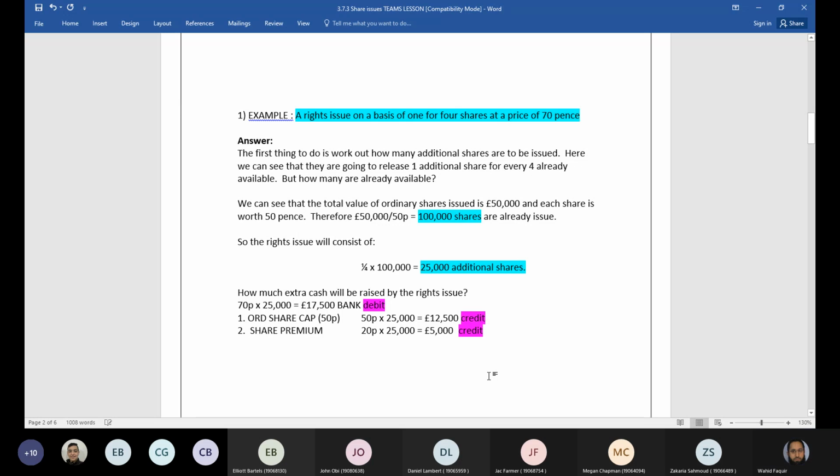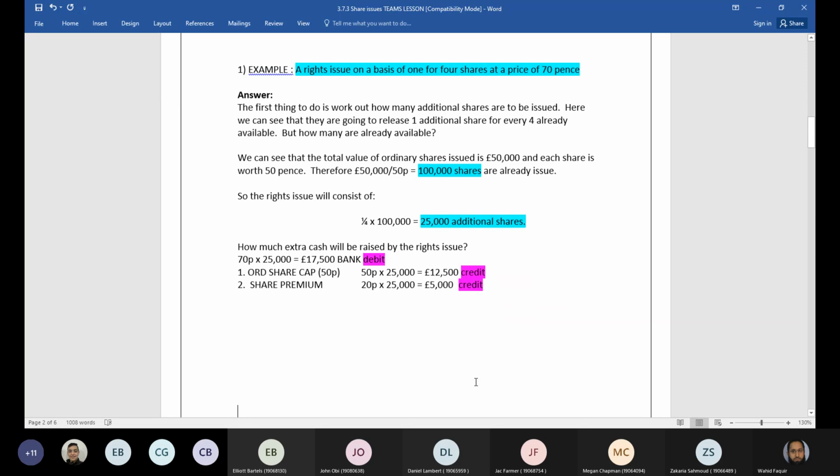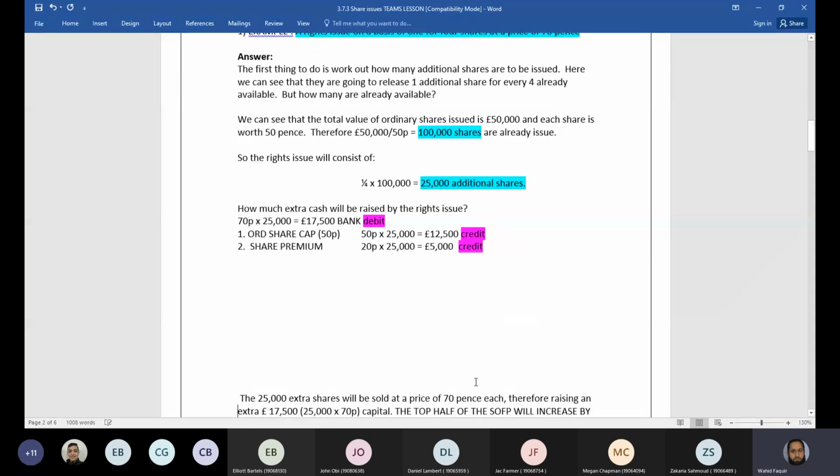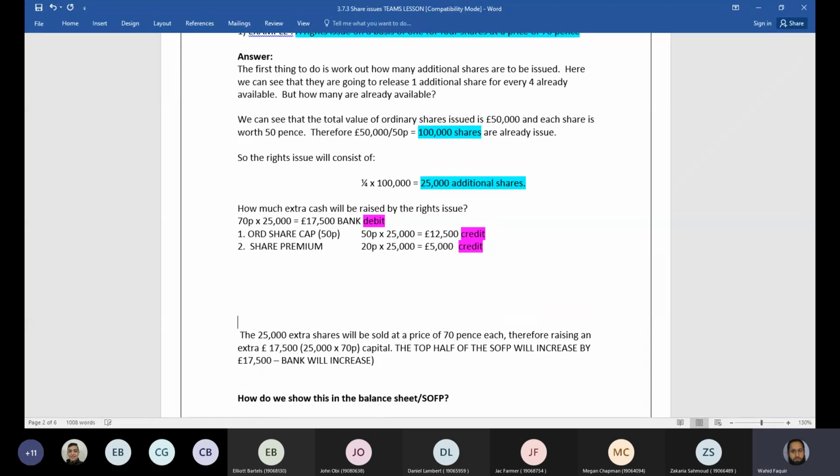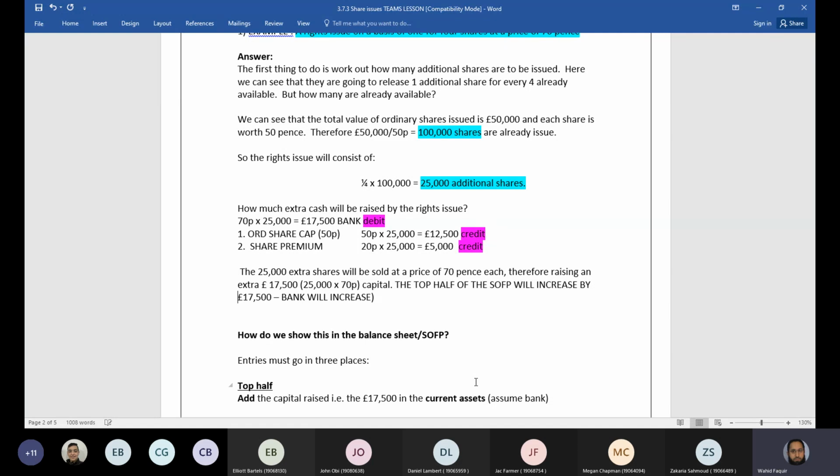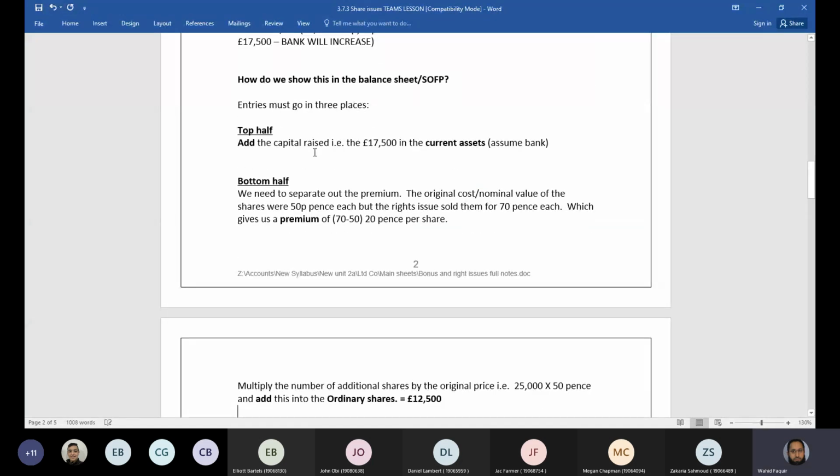Okay, good. So take advantage, jot that down, make a mental note of it, whatever you need to do. You can always watch the lesson again. So that's all the workings and we understand what's going on. Let's just have a look at the rest of the spiel here. As we've said, the top half of the statement of financial position goes up by 17.5. It's gone into bank.